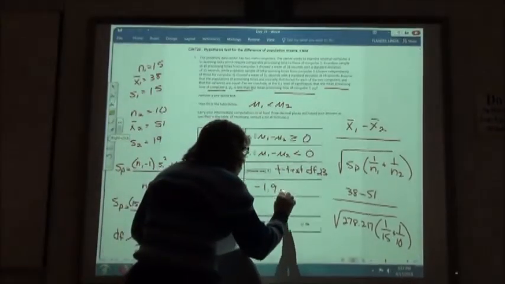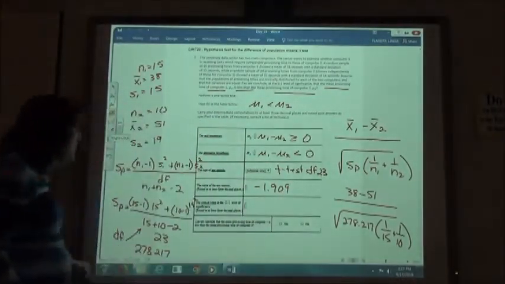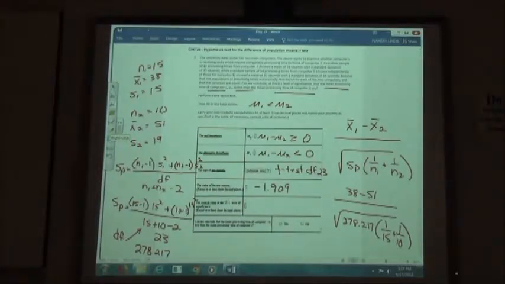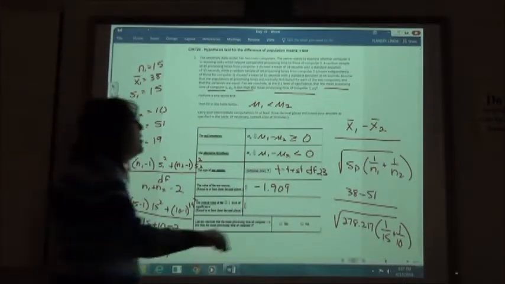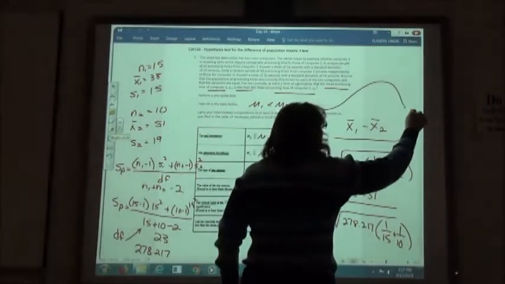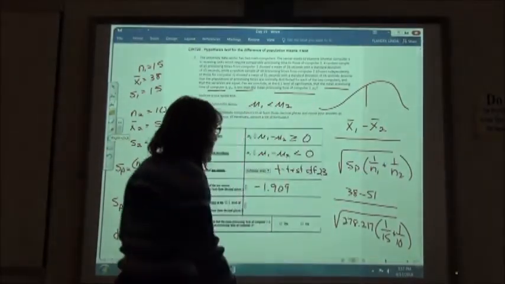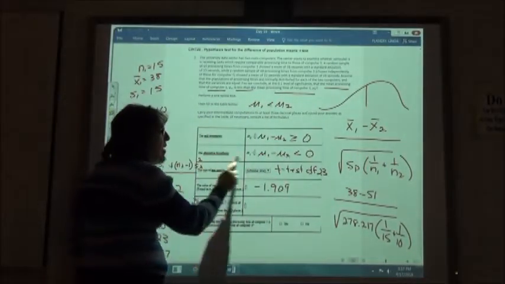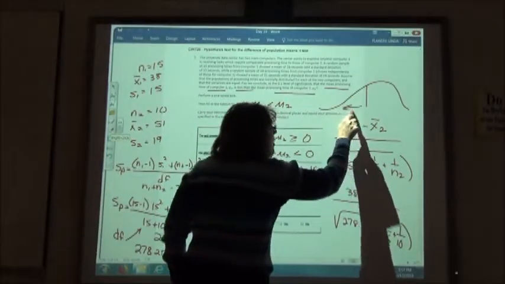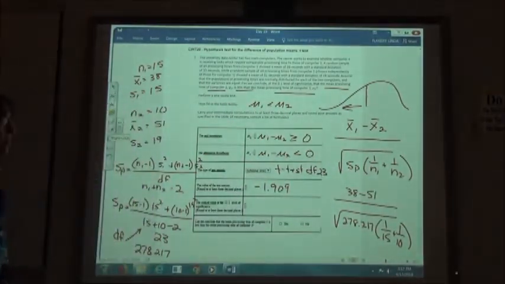Negative 1.909. Okay. So on this one, when we think about our test, we are doing just the one-tailed test. Since the alternative hypothesis is a less than, we're doing the less than. When we do the critical value, we would end up getting the positive number, which would be the right-tailed test.